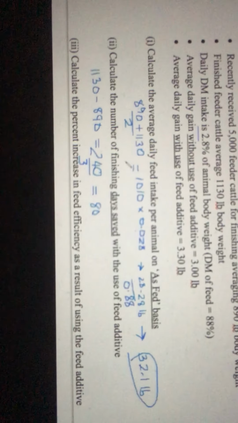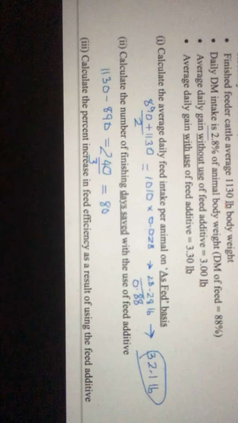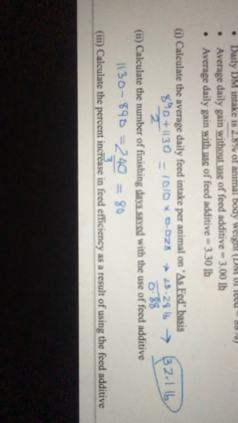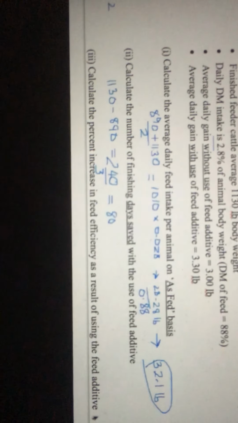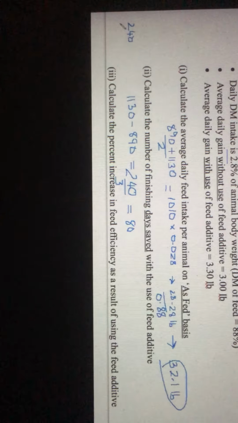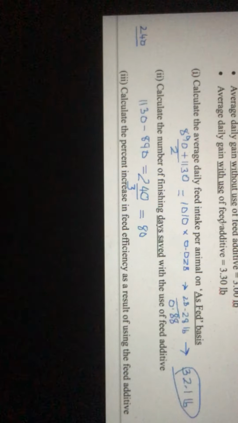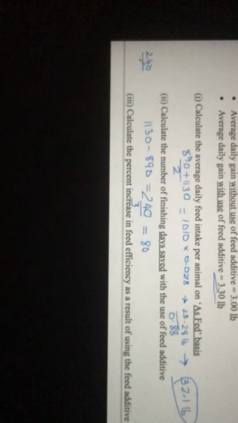And for the ones that are given the additive, 240 here is the same amount of weight you have to put on them. Divide by, they're gaining faster here. You see this group here? Divide by 3.3.